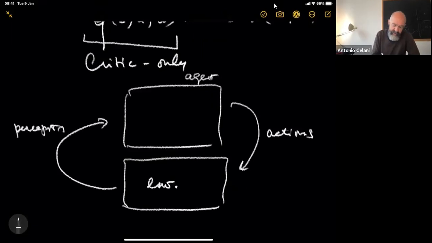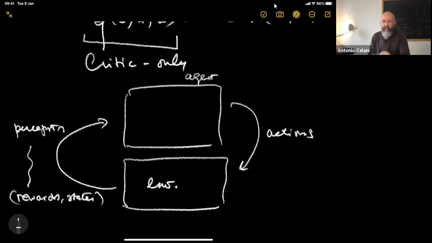In particular, in temporal difference learning, these percepts might be rewards and states. More generally, these are just observations of the states, but let's assume that these are the states themselves.